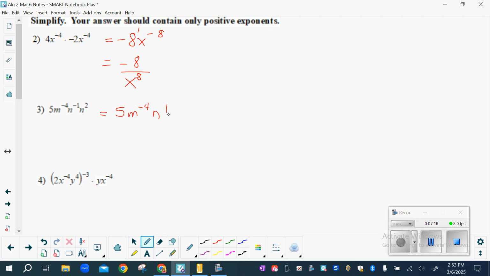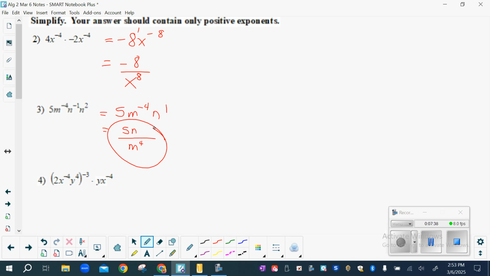Following so far? Okay, so now we want to rewrite this with positive exponents. So what do we do with that m to the -4? Put it down on the bottom. So on the top, we have the 5 and the n, and the m to the 4th goes down on the bottom, because of the negative exponent.